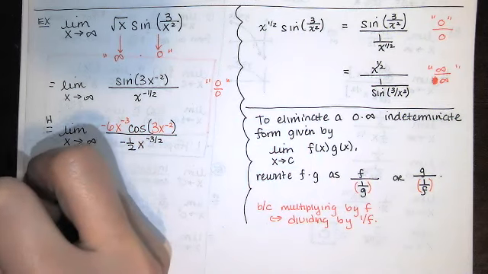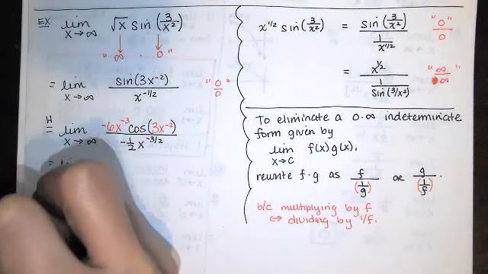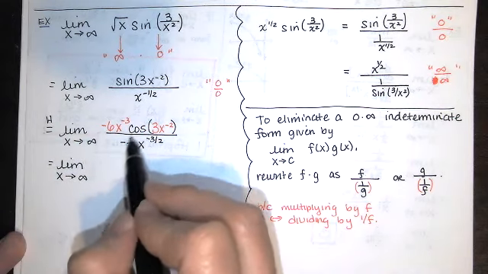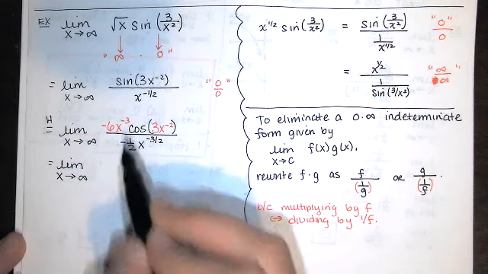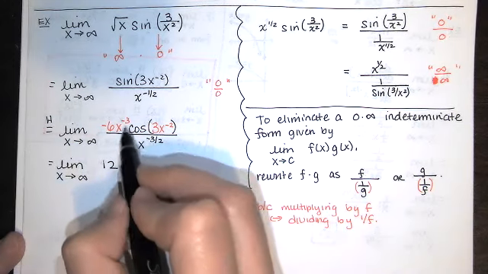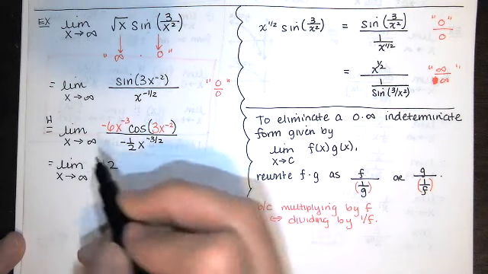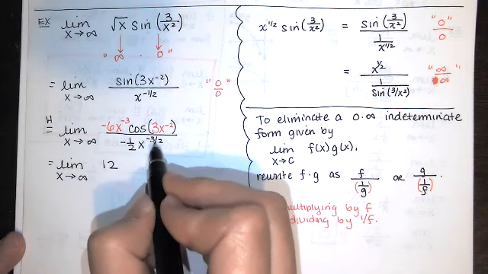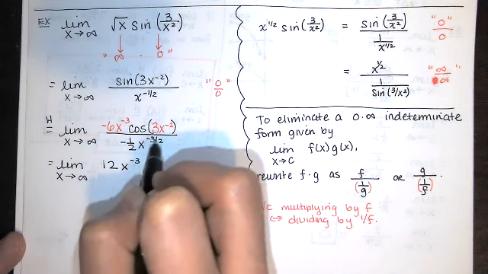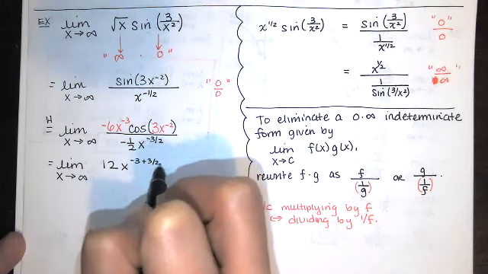And then we can simplify this. Negative 6 divided by a negative 1/2, you can multiply by the reciprocal, that's going to give us a 12 in the numerator. You can subtract these exponents. A negative 3 minus a negative 3/2, that's plus 3/2.